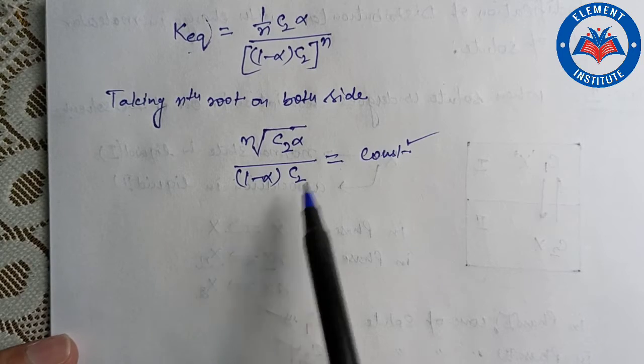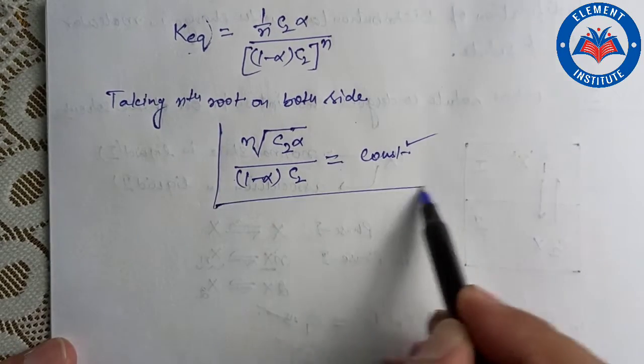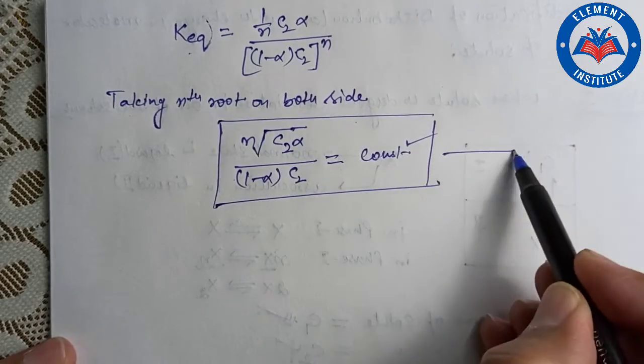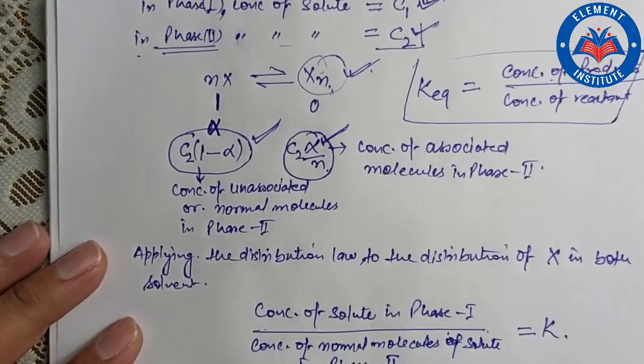Now we have to divide this equation with the previous equation. Let it be equation number 2 and the previous equation is number 1.